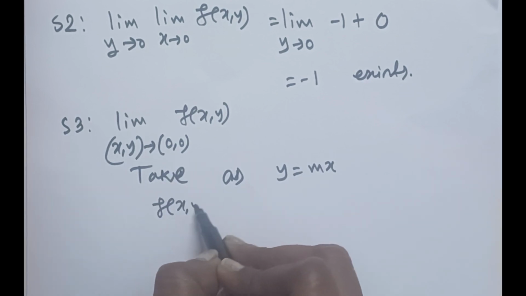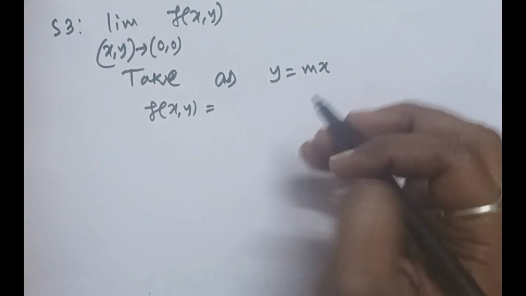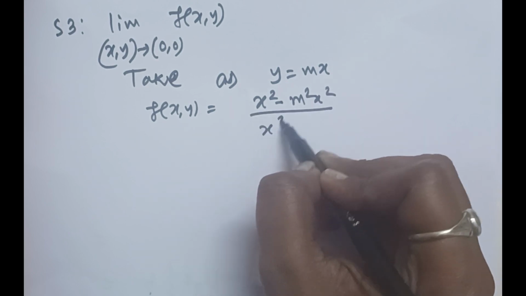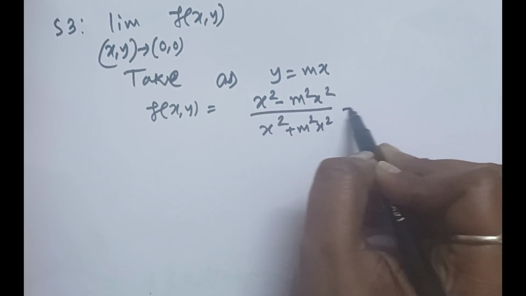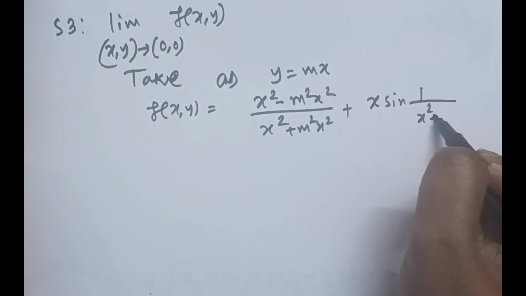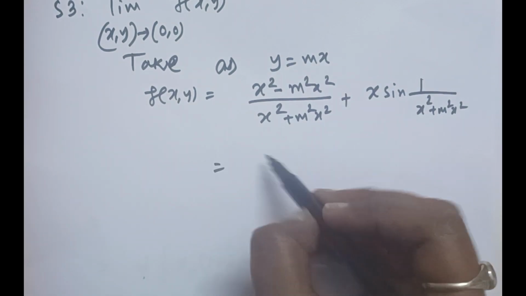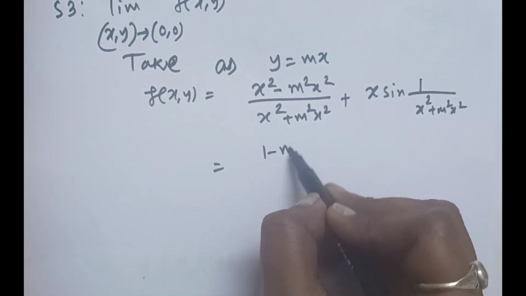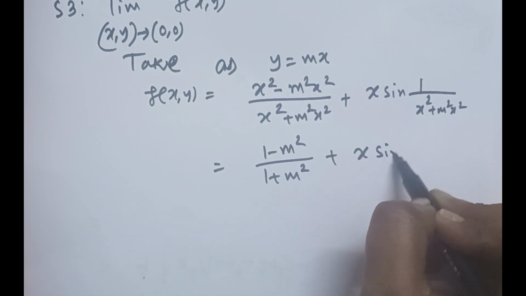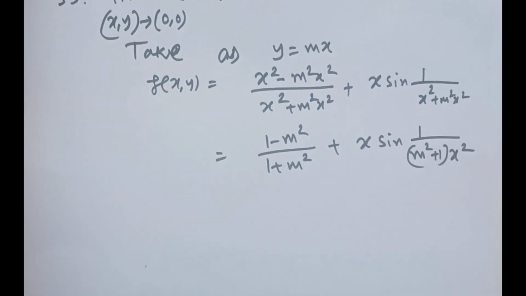Then f(x,y) will be (x square minus m square x square) by (x square plus m square x square), where we have substituted y equal to mx, plus x sine 1 by (x square plus m square x square). If we cancel x square for the first part, we are left with (1 minus m square) by (1 plus m square), plus x sine 1 by ((m square plus 1) into x square).